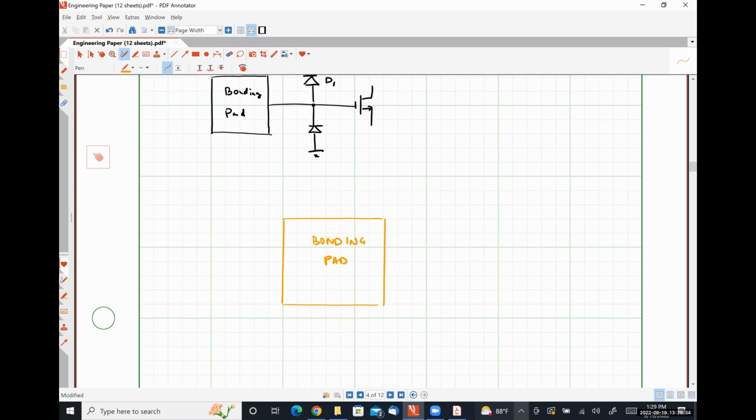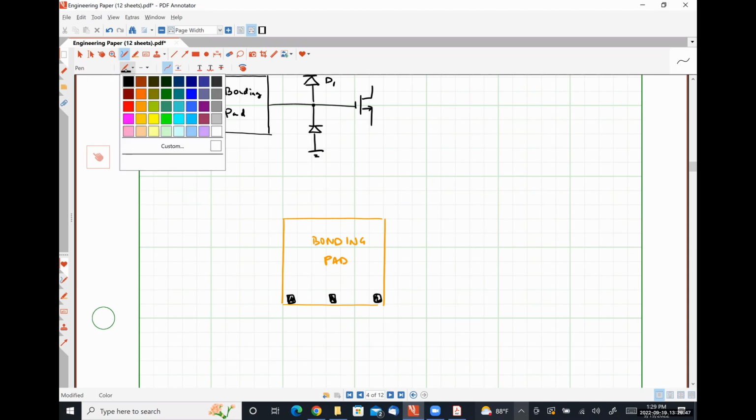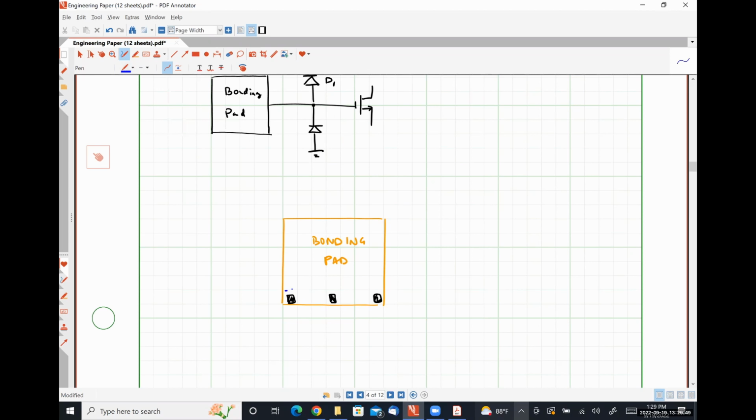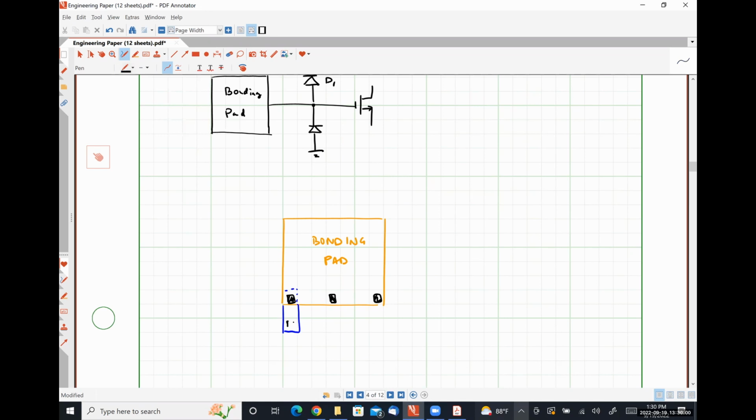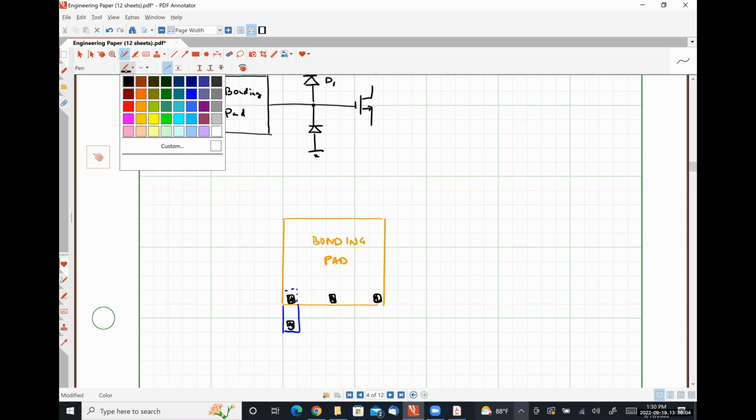And then imagine we have multiple vias getting us down to the lower levels. Here's our metal 1. We're going to make contact here.